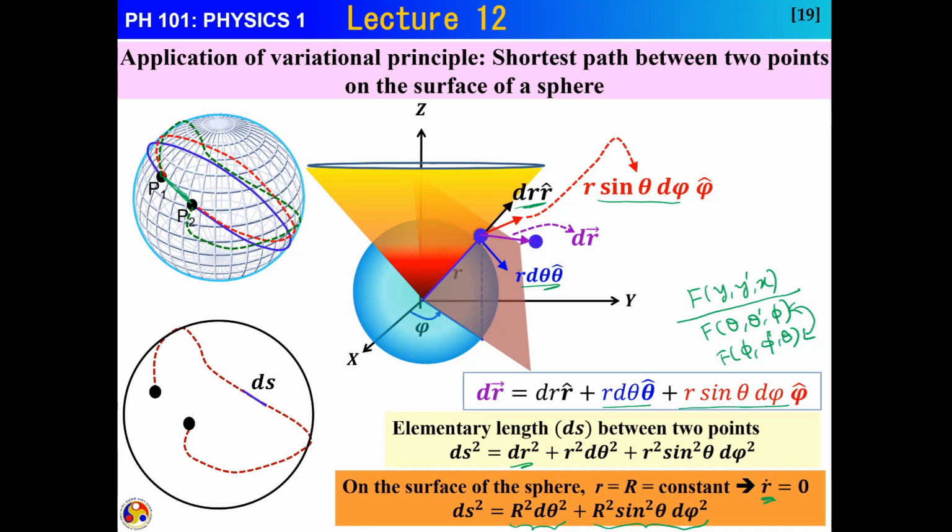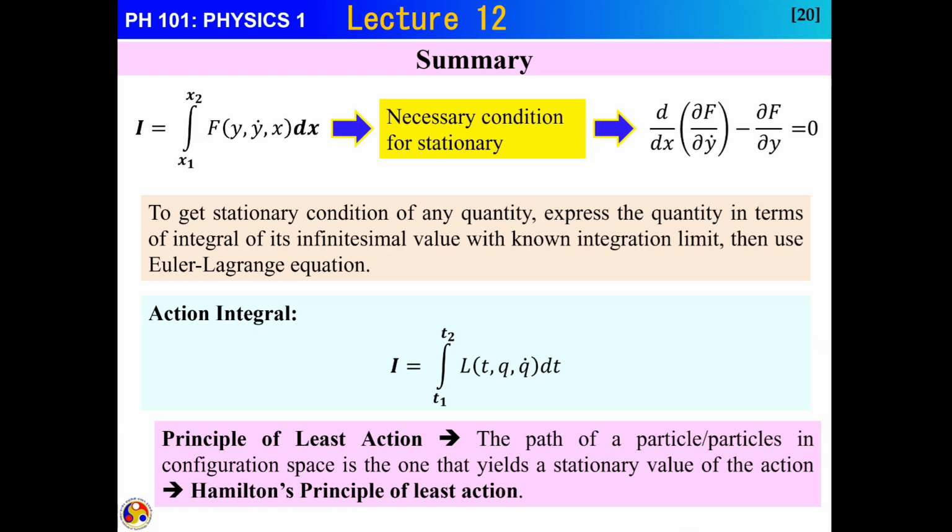So keeping that, let us rewind. We started with the integral having a function f of y, y prime, x dx, for which, if you want that integral path to be stationary, the condition that has to be imposed is nothing but the Euler-Lagrange equation.